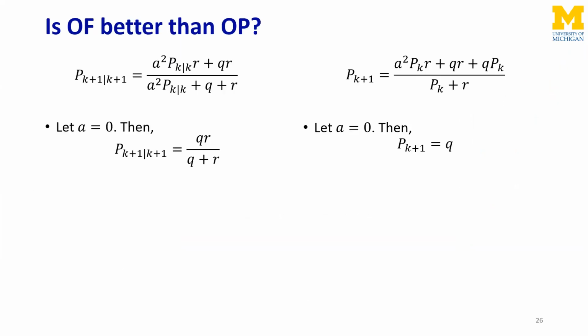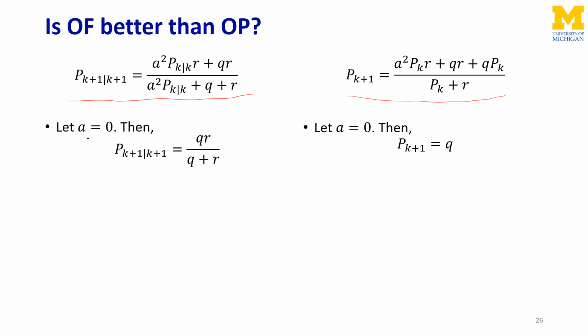I showed you in pictures, but let me try to convince you a slightly different way that the filter is actually better than a predictor. Here is the covariance update equation for the filter, and here is the covariance update equation for a predictor. Of course, these terms are different. This is the posterior covariance, and there was no posterior or prior, just a covariance of the predicted state in the case of the predictor.